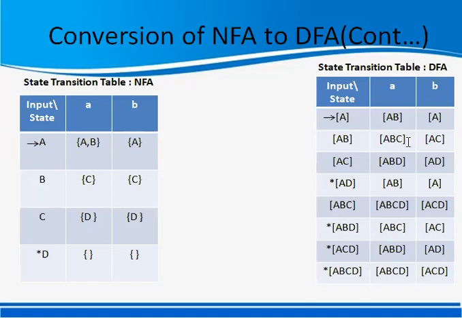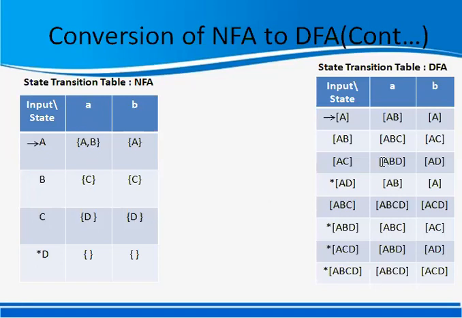So now we will see the transitions on AC first. So from state AC on input small a, we will use this table and we will take the union of AC on input A. So it will give ABD.